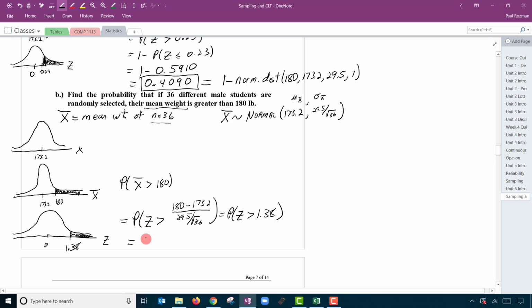So then we get 1 minus the probability that Z is less than or equal to 1.38. You go to our Z table and look up 1.38, and you will find that it is 0.9138. So our answer is 0.0838.